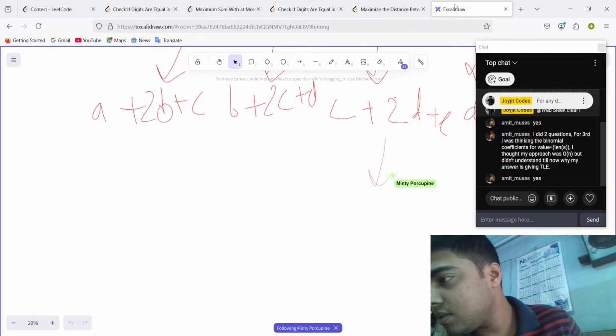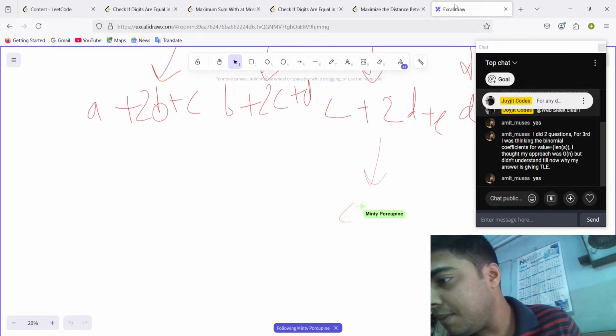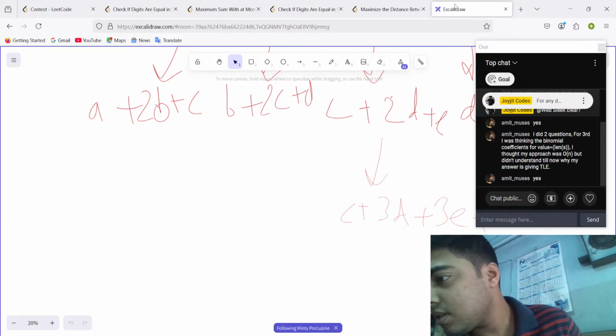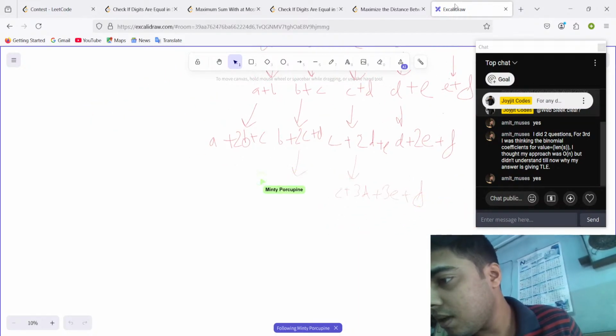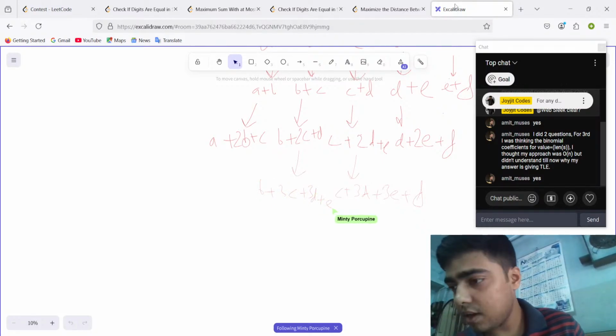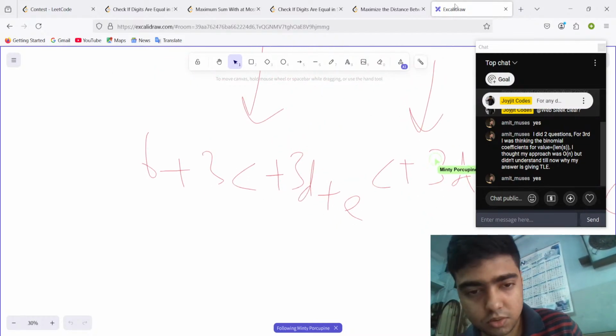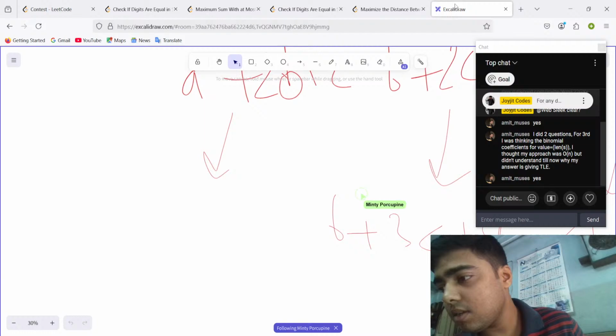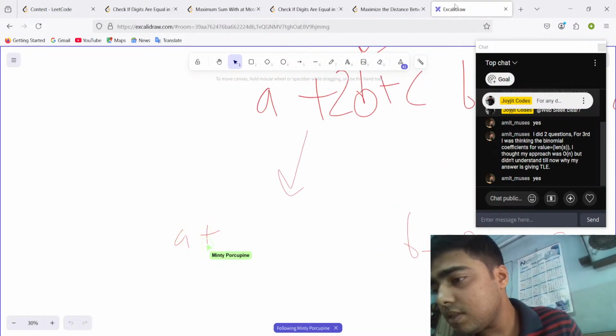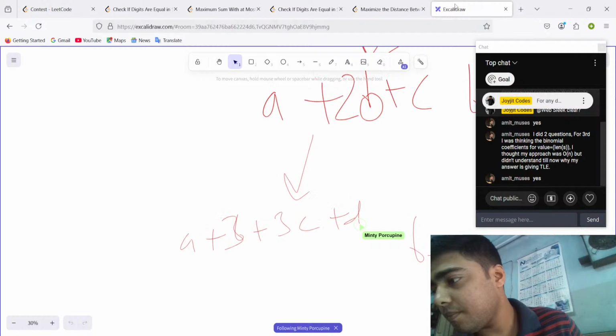This becomes C plus 3D plus 3E plus F. This becomes B plus 3C plus 3D plus E. If it is not visible to you, this is what I'm doing. And this becomes A plus 3B plus 3C plus D.